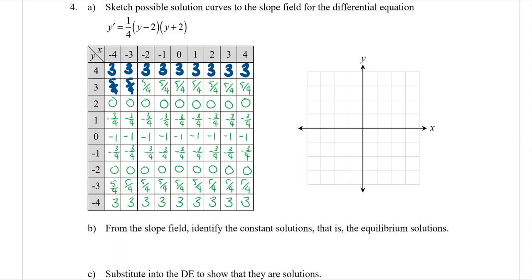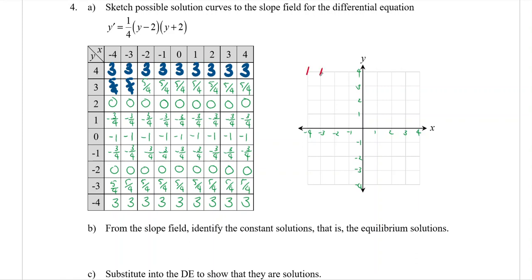Okay, so drawing this. Starting with the top line, when y equals 4, we have a gradient of 3, which is quite steep.